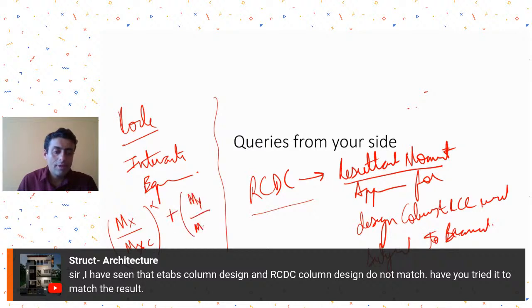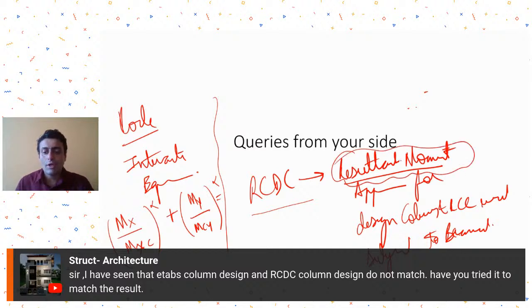Then we calculate what is called the interaction ratio. That is the process to be followed by the code, and that is the same process that ETABS also follows, STAAD also follows. But RCDC uses a process called the resultant moment for biaxial moment design.